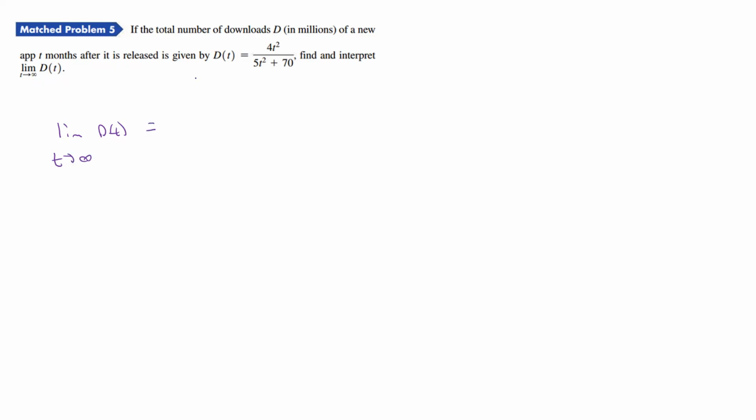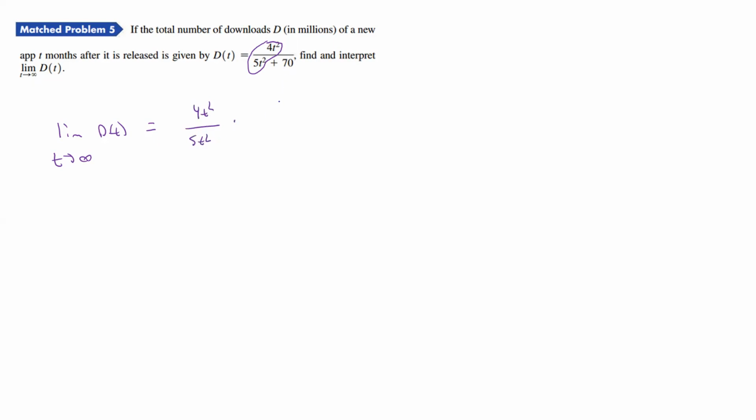Here we're really going to be looking at the leading terms, which are the key thing. So we want to try to isolate that. If we do, that gives us 4t squared over 5t squared. But we still have this piece here.